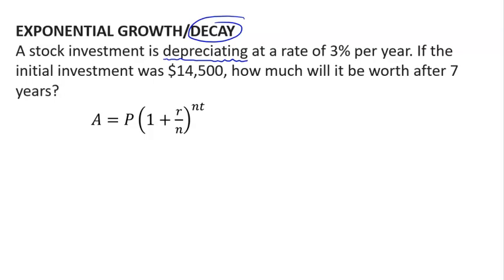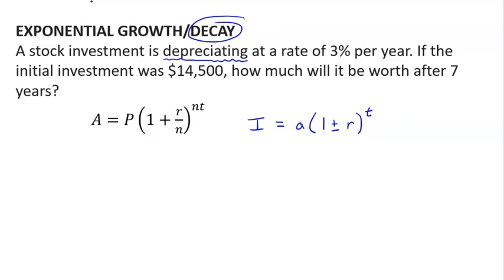So I'm still going to take what's on my reference sheet. And so let's say my investment in my investment account is going to be whatever I started with, 1 plus the rate, but be careful, my rate is going to be negative here, so just keep that in mind. But this is what I have on my reference sheet.